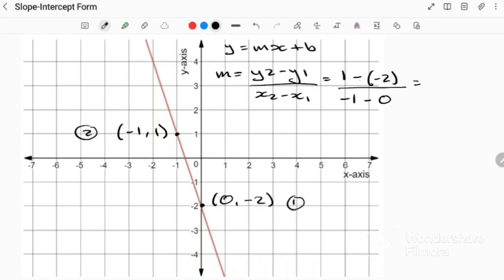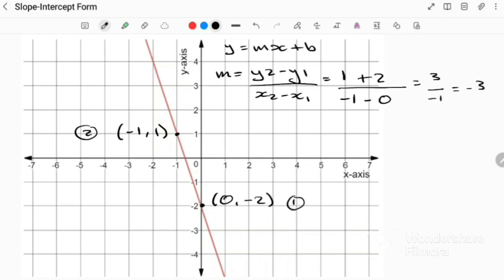So 1 minus negative 2: minus and minus make plus, so this is going to be 1 plus 2, which is 3. And negative 1 minus 0 leaves us with negative 1. 3 over negative 1 is negative 3.